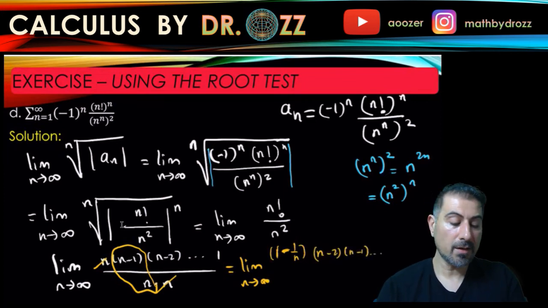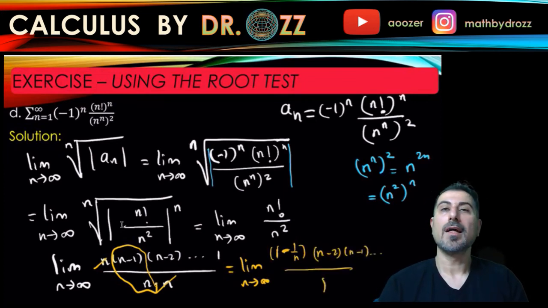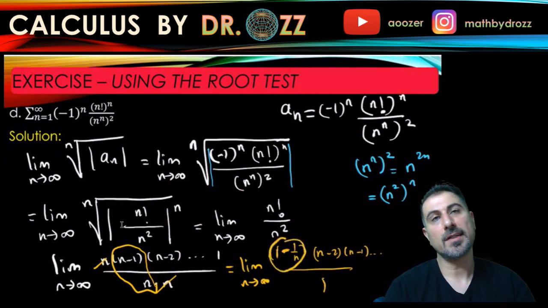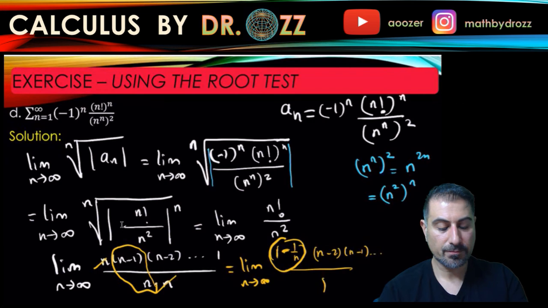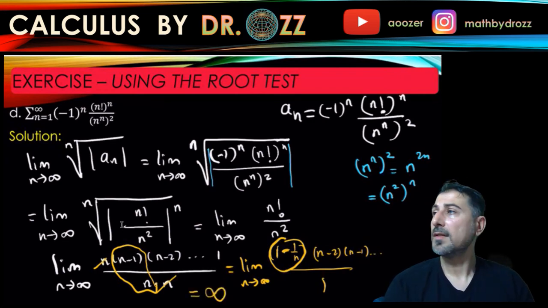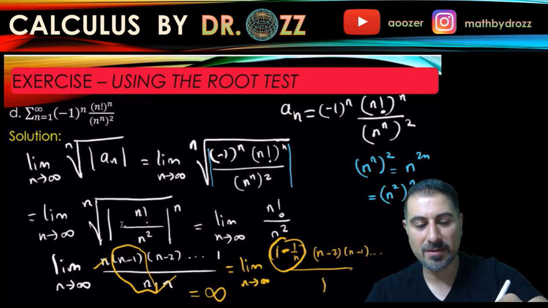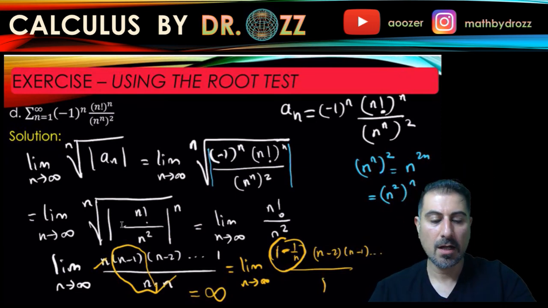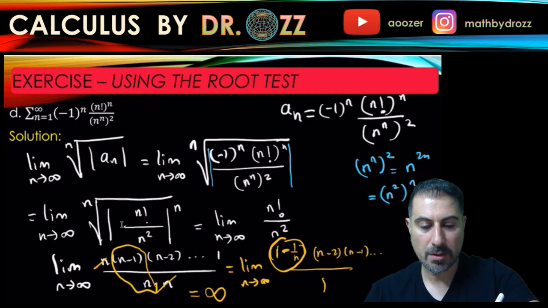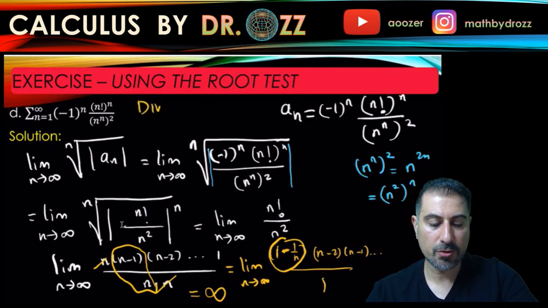So now I have nothing left over in the bottom. And when you pass the limit, this term is fine, but the rest will take you to infinity. So for that reason, this limit is infinity, or in earlier days we were calling it doesn't exist. That makes the series divergent. So I'm going to go back and say this is divergent.